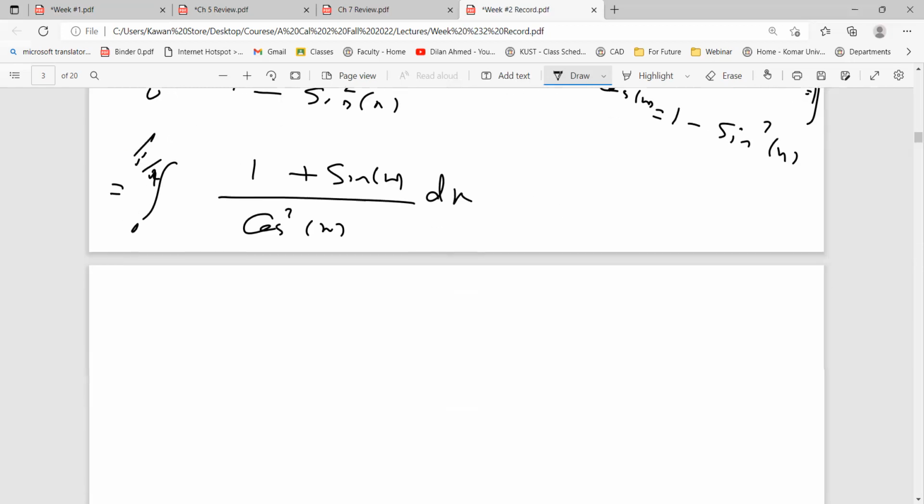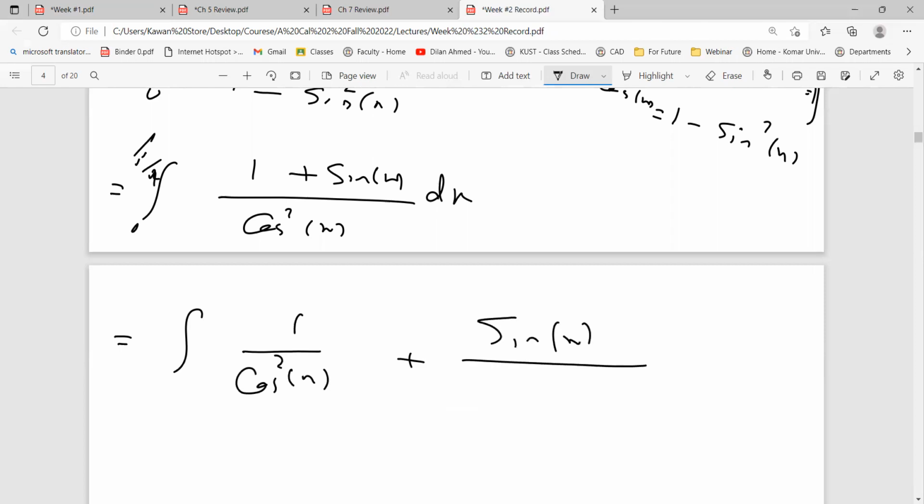We separate them. So I have 1 over cosine of x. Now 1 over cosine squared is equal to what? 1 over cosine is equal to what?